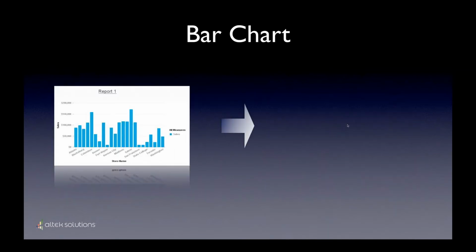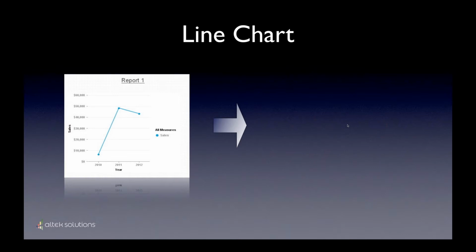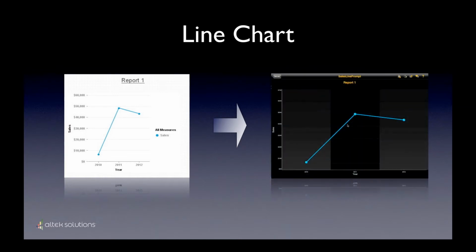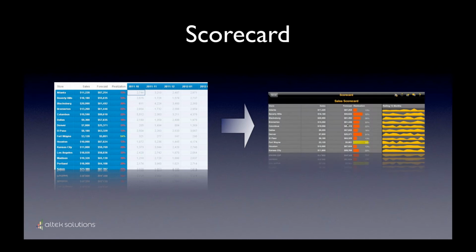As you'll see when we get into our demos, SAP BusinessObjects Mobile makes it easy to turn WebIntelligence content into a rich mobile experience. A simple bar chart becomes a rich visualization with date range filters. A basic line chart is made available on a wide range of mobile devices. Something like a crosstab table becomes a scorecard with color-coded alerts and historical data presentation.